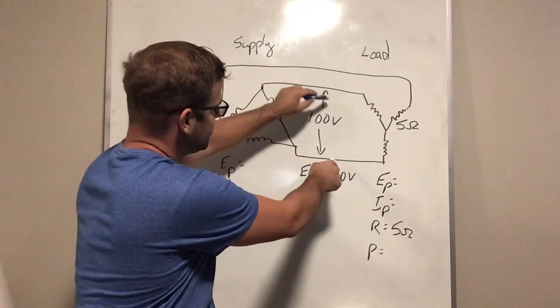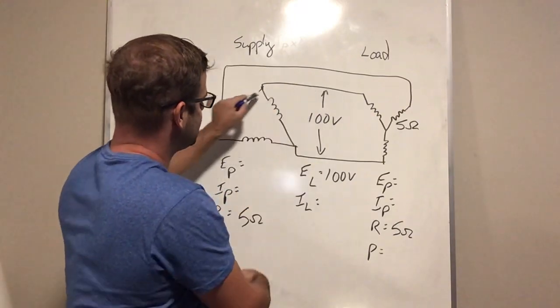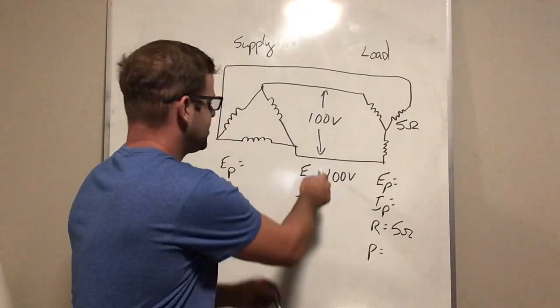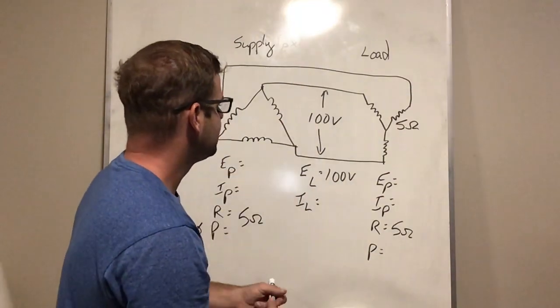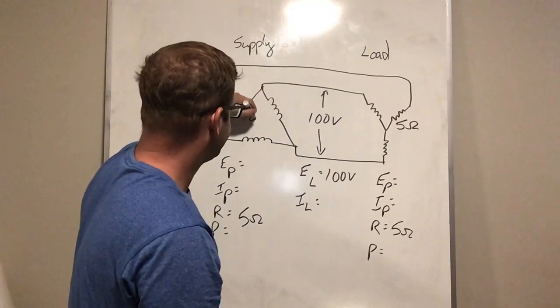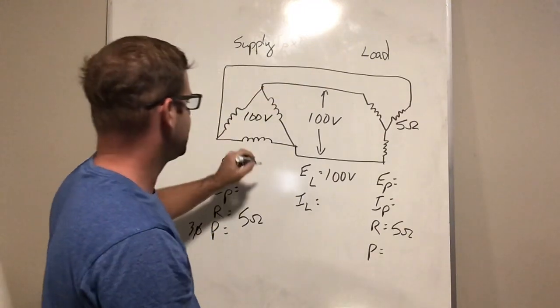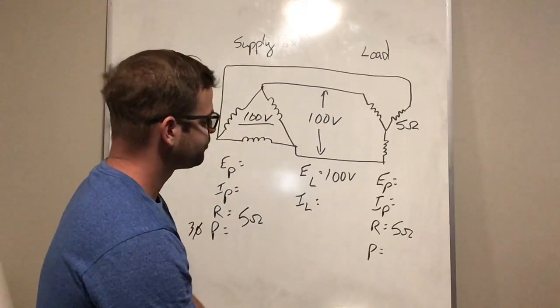There's really no difference between that. That's the same point electrically here as it is on these 2 points. So if I have 100 volts in my line, I'm going to have 100 volts per phase in my supply. So I have 100 volts seen here.